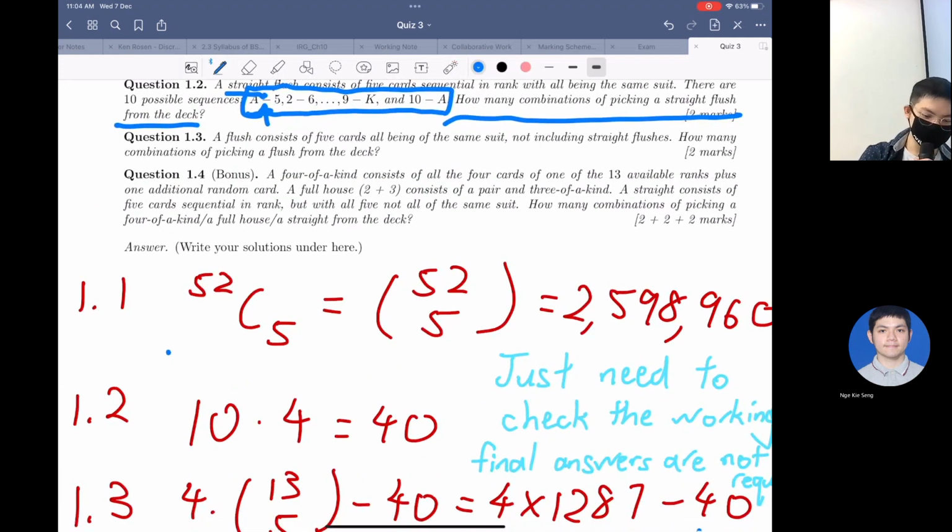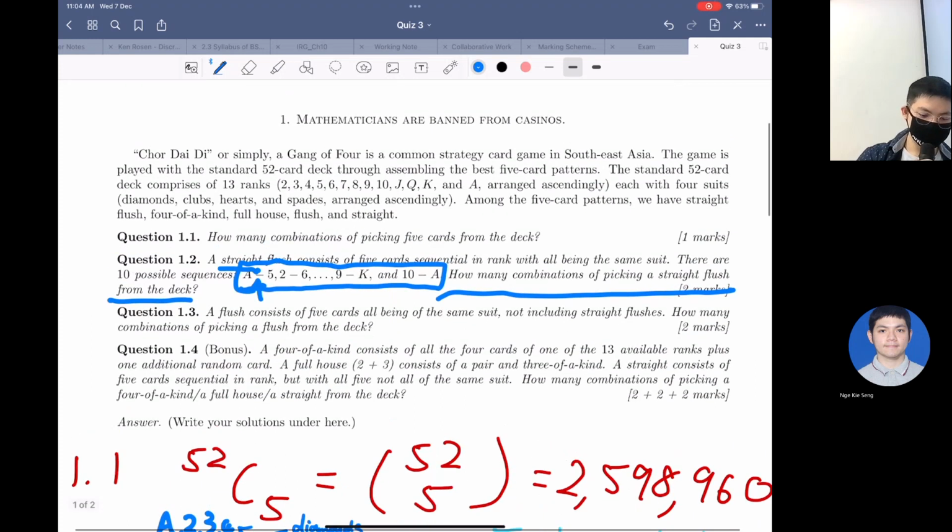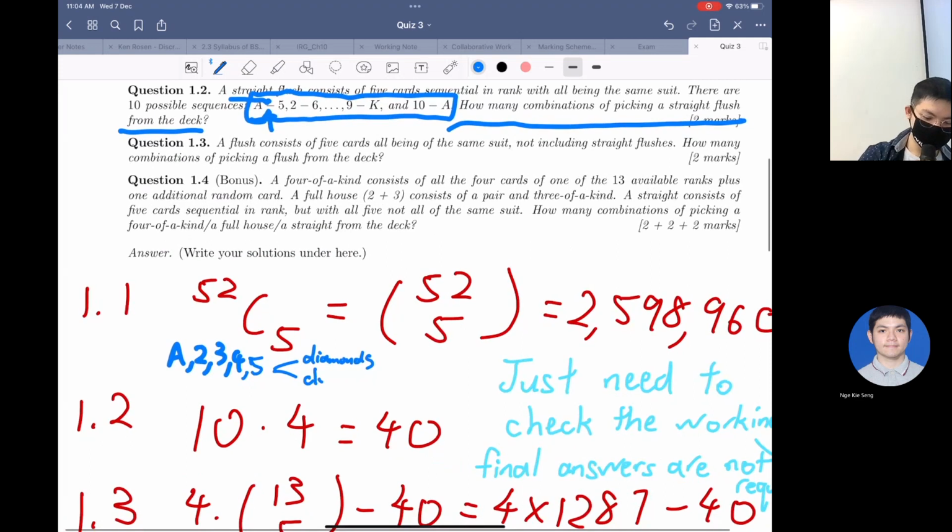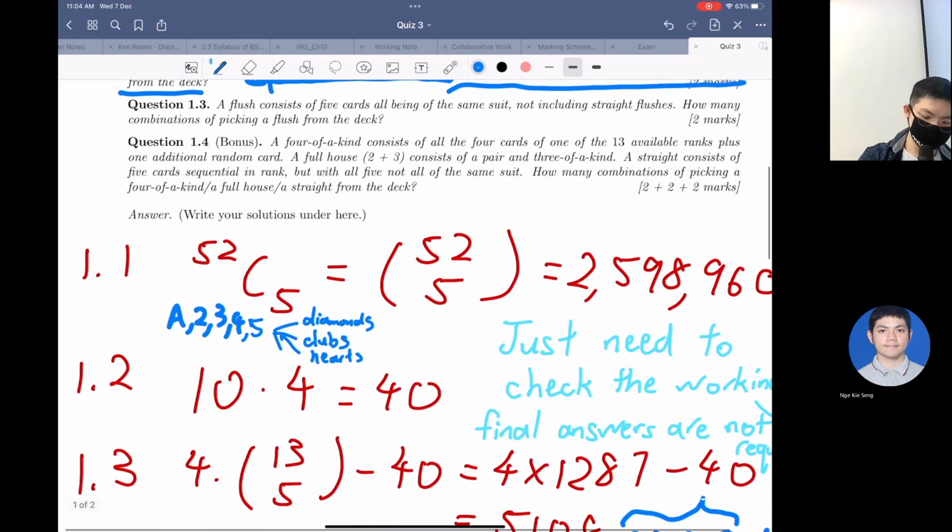So if you got a string, for example A, 2, 3, 4, 5, they are either diamond, heart, or another suit. So 10 possibilities here, 4 possibilities here, so all together.